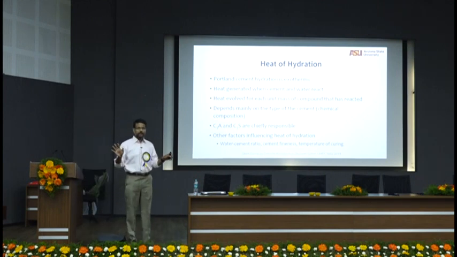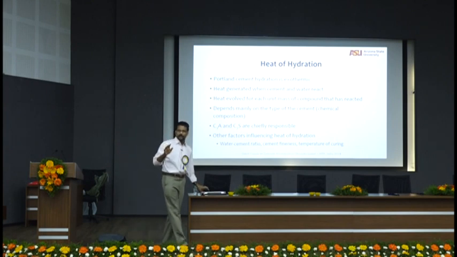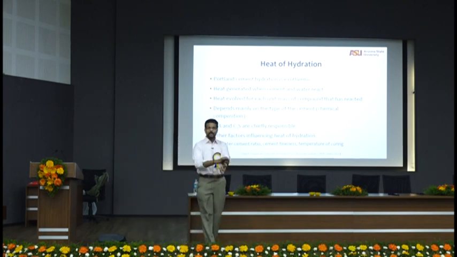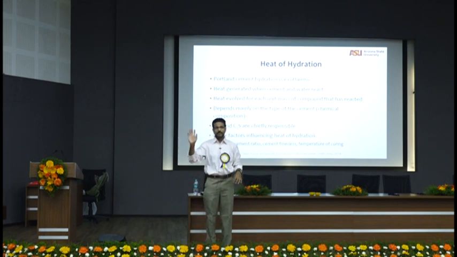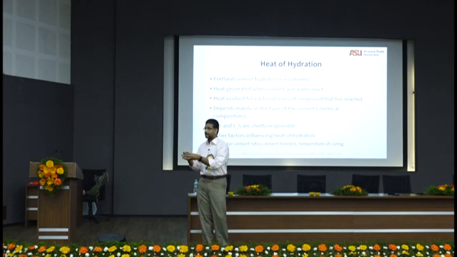Shrinkage, all of you are comfortable with the idea of shrinkage. Different types of shrinkage, right? There is drying shrinkage, which happens late. There is chemical shrinkage, that's what we're talking about, because of the change in volume of the reactants and the products.